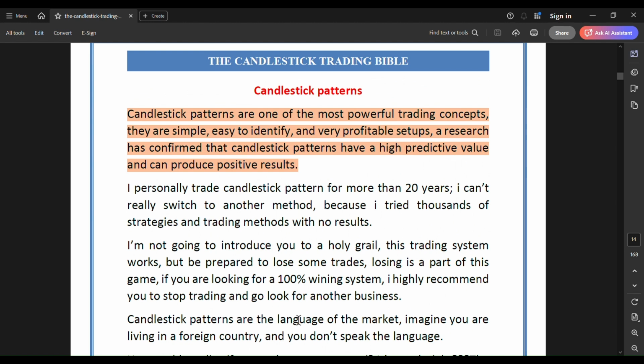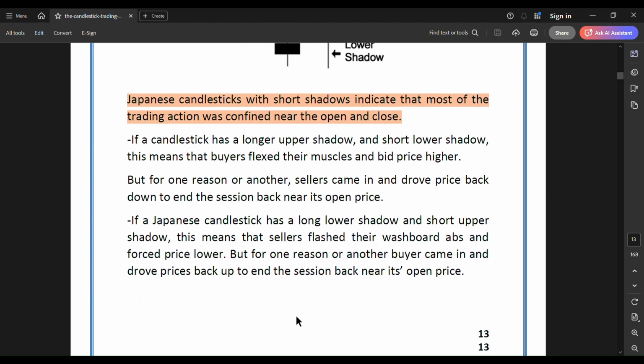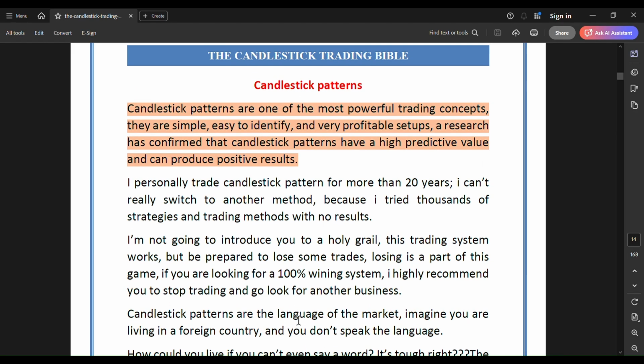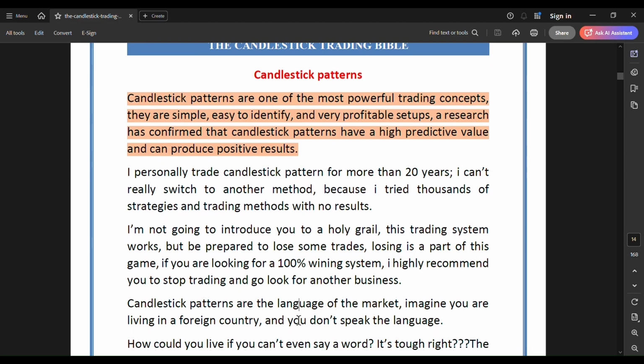So candlestick patterns are one of the most powerful trading concepts. They are simple, easy to identify, and very profitable when it comes to setups. Research has confirmed that candlestick patterns have a high predictive power and can produce a positive outcome. So that's the value that understanding candlestick patterns has. You can really improve your margins through concise knowledge of your candlesticks.